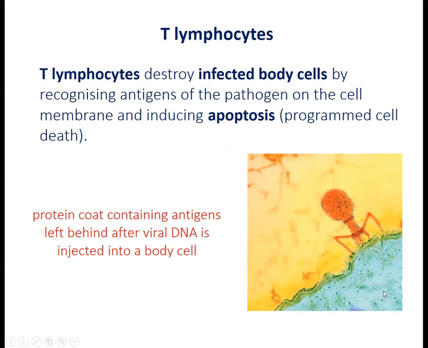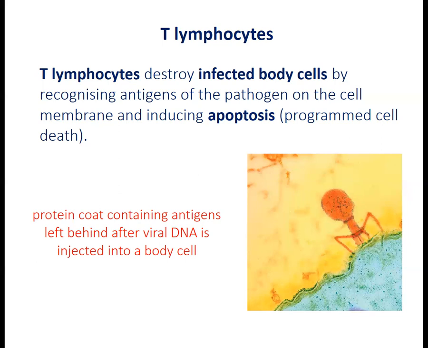Your cell is now infected by the virus, but the virus leaves behind its coat, and on it there will be antigens. So what T lymphocytes do is they destroy the body's cells. They don't destroy this virus bit here. They destroy this blue bit, the actual infected cell of the body that has the viral DNA inside it.